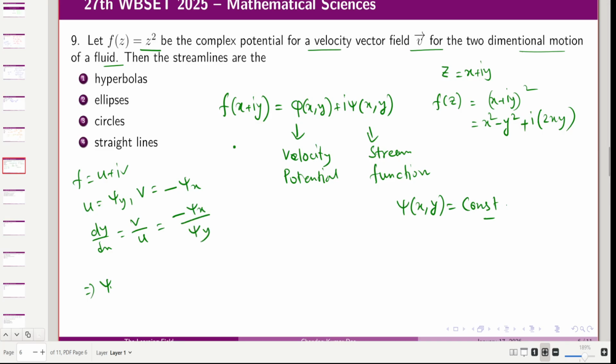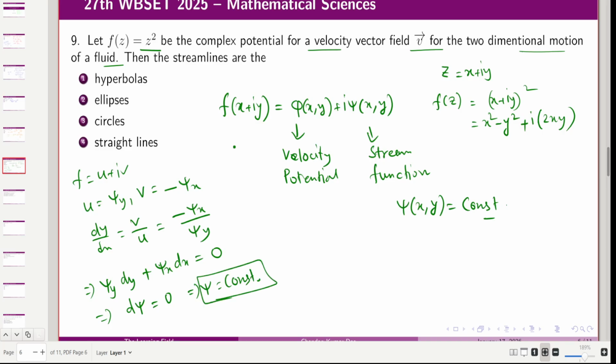That means psi_y dy plus psi_x dx equals 0, which means d psi equals 0. That means psi equals constant. So this is the equation of the stream function.